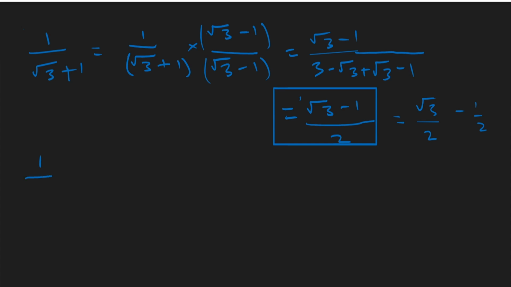1 over 1 minus root 5. Let's see. Same way, we multiply the top and the bottom by the conjugates, 1 plus root 5.